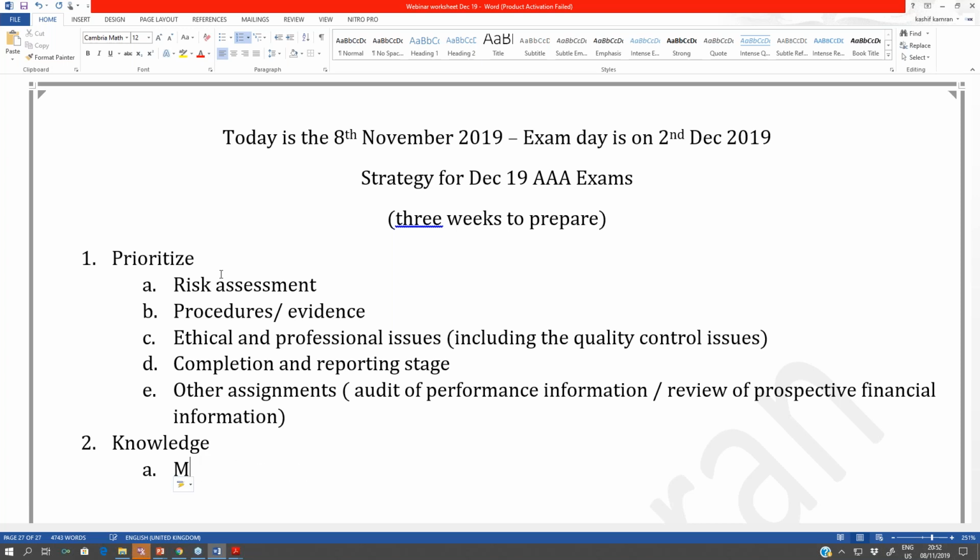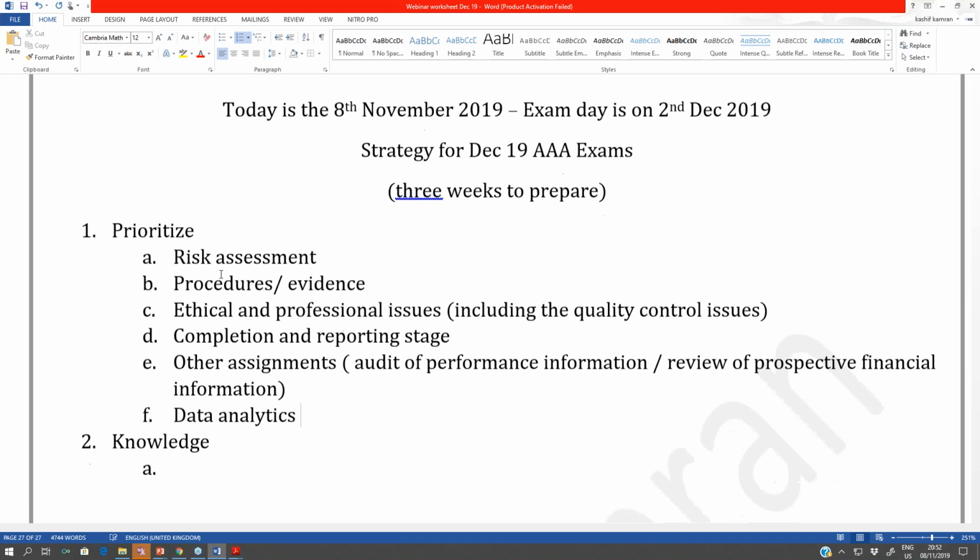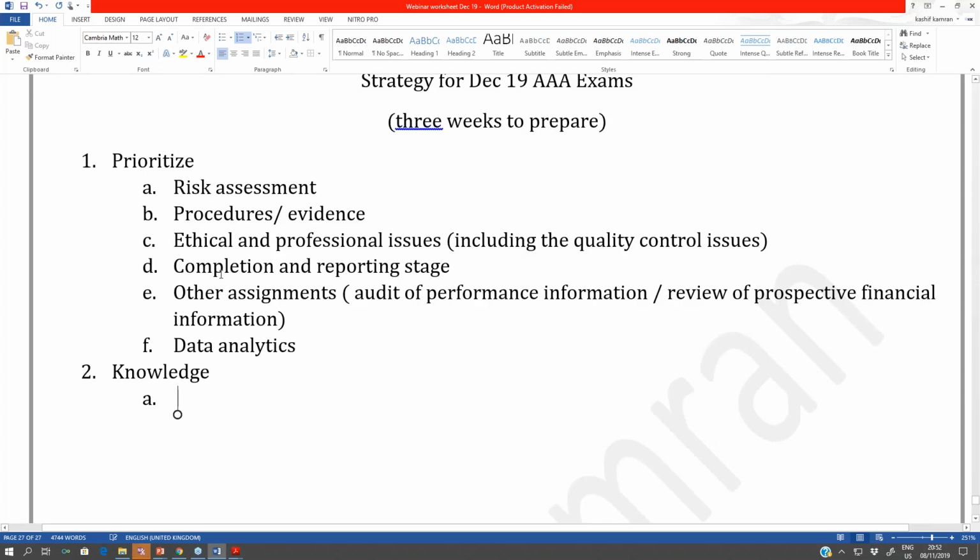You need to focus on areas like, in the prioritized area, we're missing something. Data analytics should be part of your prioritized areas. Data analytics. Okay, then you come to the knowledge areas and you go with money laundering. You go with laws and regulations. You go with professional skepticism.